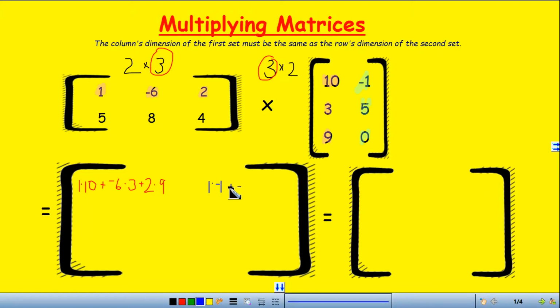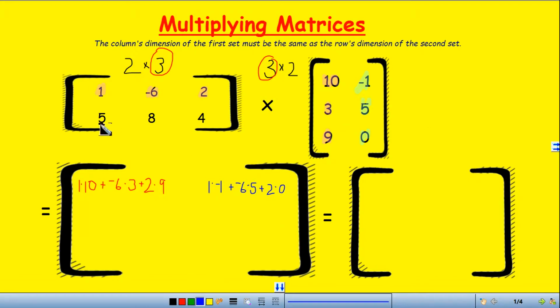I'm going to add that to negative 6 times 5. Negative 6 times 5 plus 2 times 0. So that's 2 times 0.